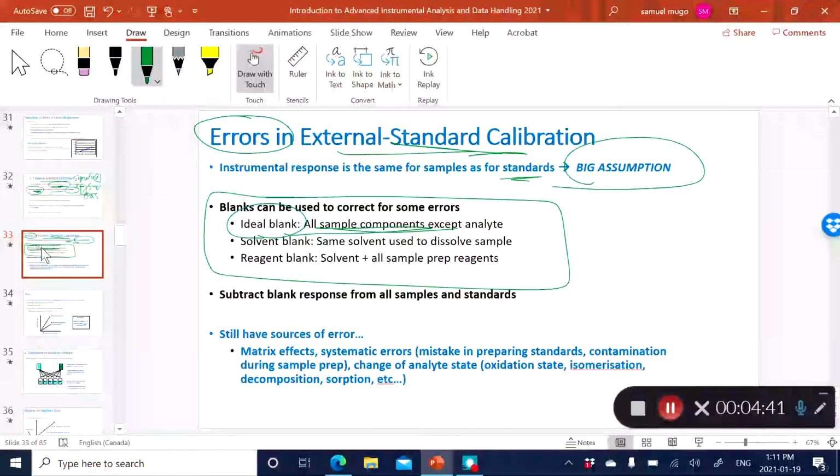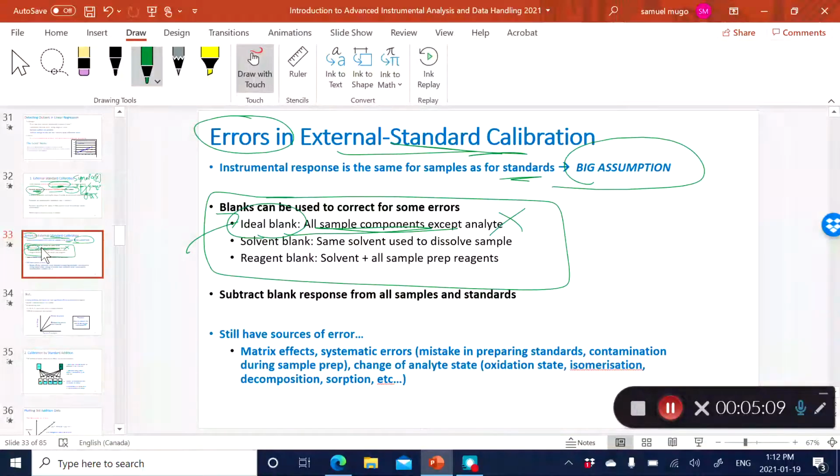In fact, in an ideal environment, you should ensure that you expose the blank to the same environment as the sample. So that means you have to take this blank all the way and expose it to the same environment as the sample, which again is impractical. So for that reason, ideal blanks are impractical in analytical chemistry.